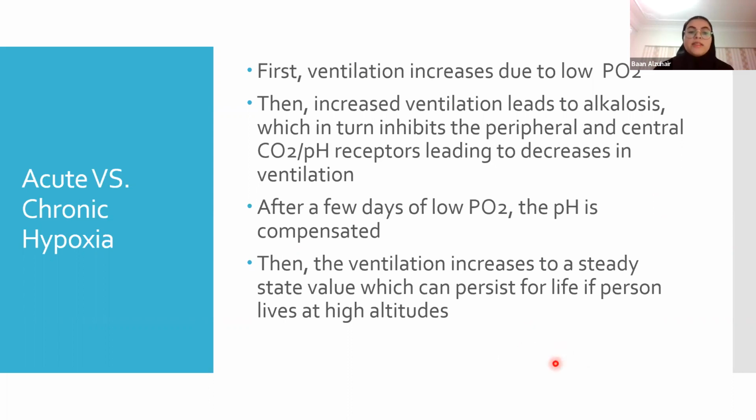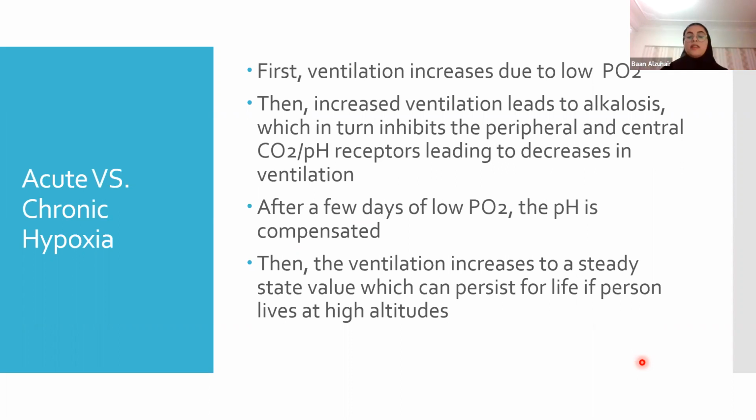No one can, but I'm trying to explain. If you live at high altitudes, hypoxia is going to be almost the new normal for you. The normal state for you is being hypoxic. So hyperventilation is your normal way of living. That's what chronic hypoxia does.